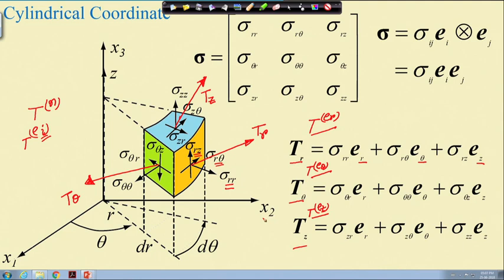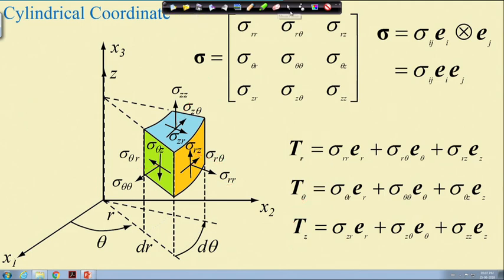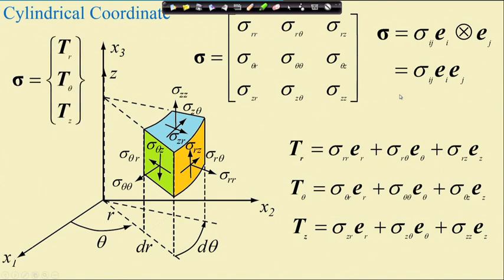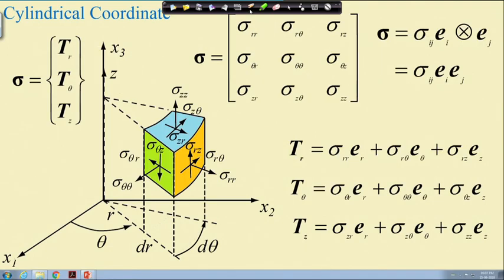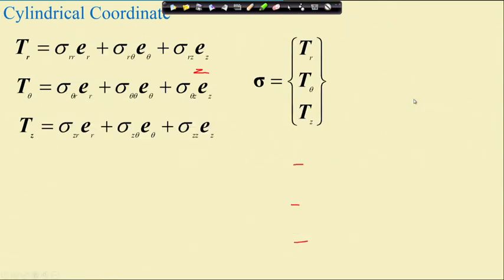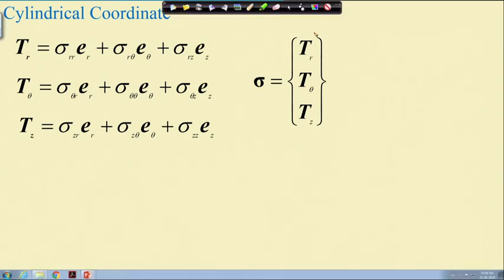These are the tractions on different planes, and with them, sigma can be represented in terms of the tractions on different planes like this.